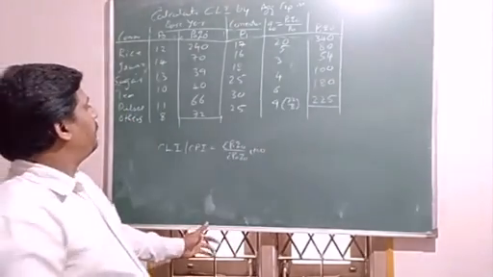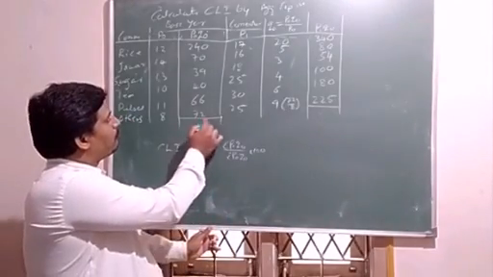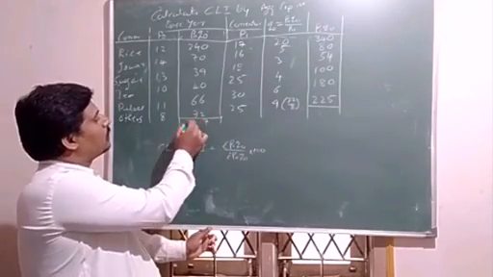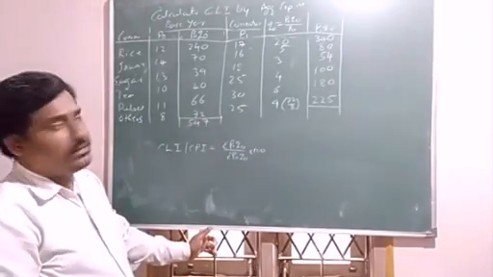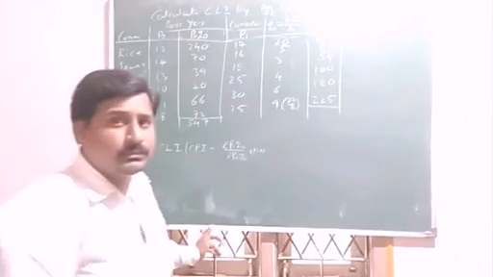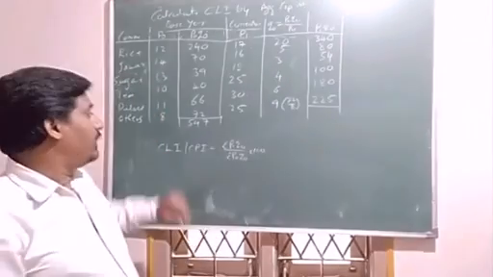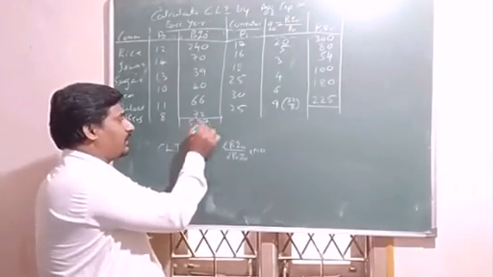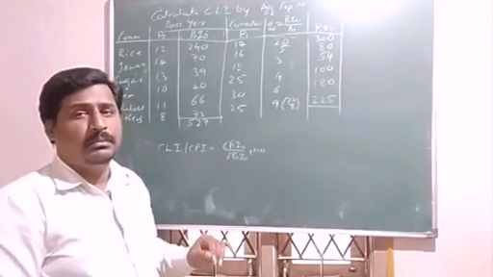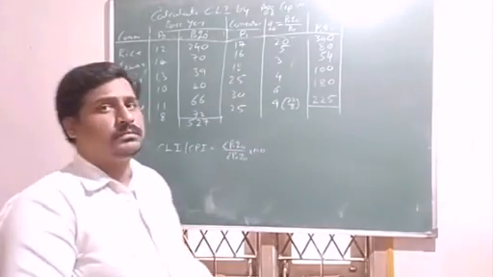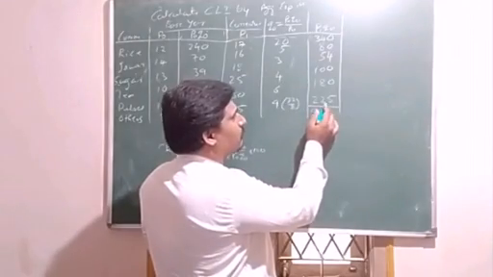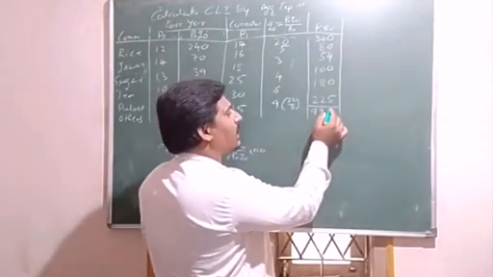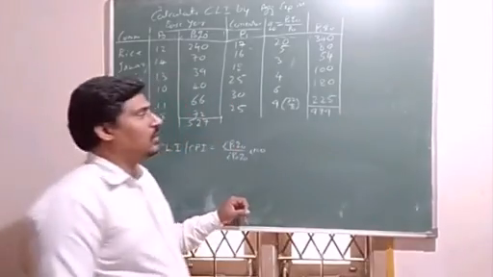Okay, 547. Next P1, how much? 27. Okay, 527. Next the P1 Q naught column, 979.